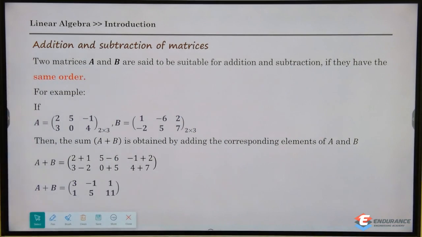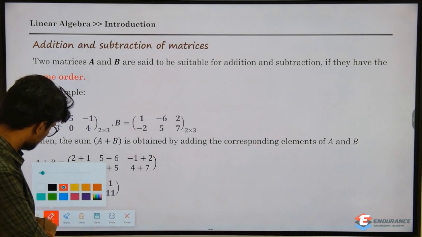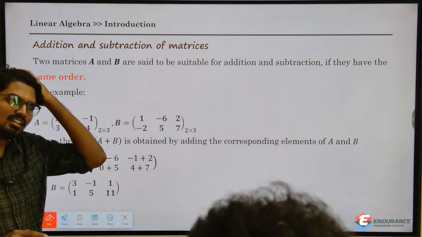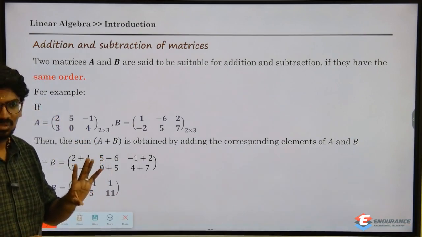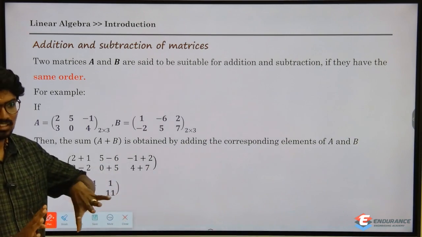Okay, what about addition, subtraction? Any condition for addition, subtraction of two matrix? If I want to add two matrix, the condition is both of them should be of same order. If they are of the same order, I can add them or I can subtract them.